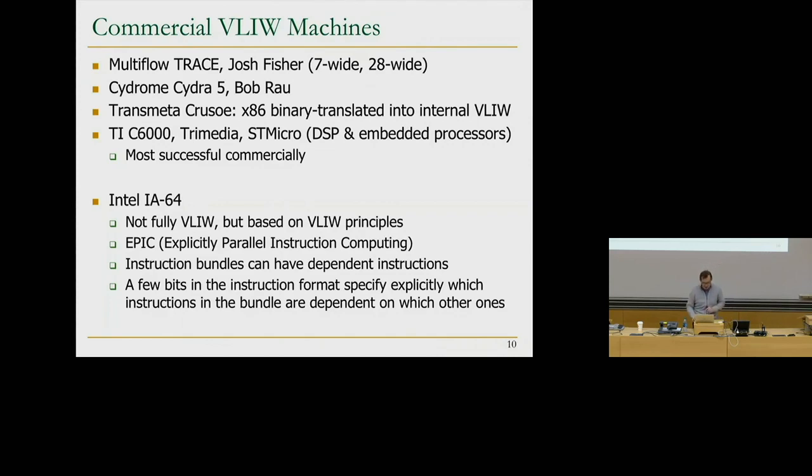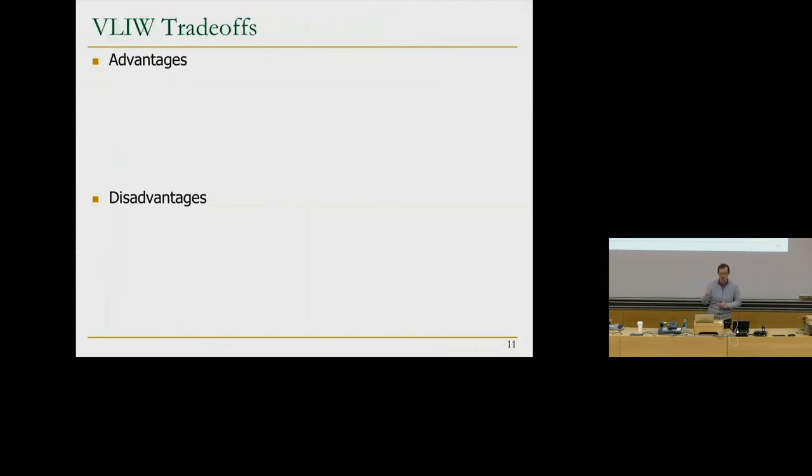Okay, let's talk about the trade-offs a little bit. We've talked about history, we've talked about the idea. So clearly, one trade-off is very obvious. There's no need for dynamic scheduling hardware. Out-of-order execution is not needed, assuming you have a pure VLIW machine. Simple hardware. Hopefully you get the benefits of out-of-order execution with the compiler with simple hardware.